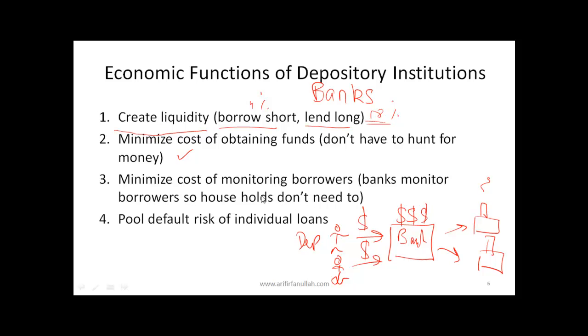With point 3, minimize cost of monitoring borrowers. Now, when a bank takes money from a bunch of depositors and lends it out to business 1, the advantage is that the bank performs the function. Anybody who is associated with the credit department at a bank will know that whenever a bank makes a loan, it does a lot of analysis to figure out whether this business 1 is worthy of the loan.